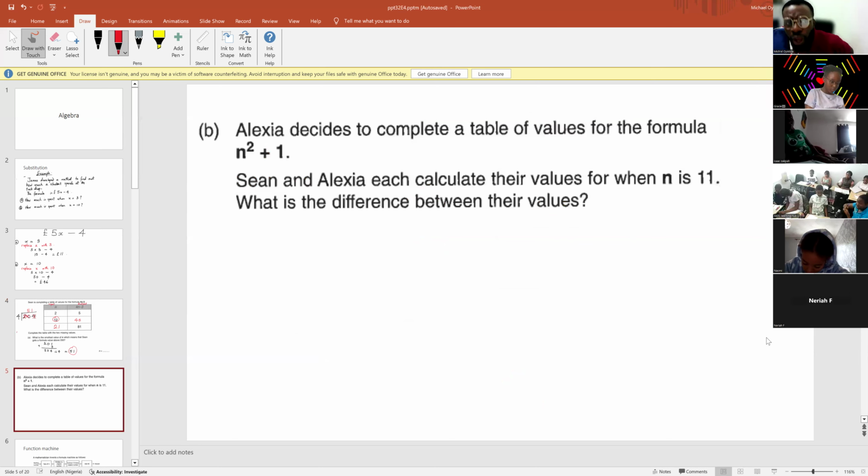Let's copy down this question. Now, Alexia tries to complete a table of values for the formula n squared plus 1. Sean does the same with his formula, and each calculates their values for when n equals 11. What is the difference between their values?